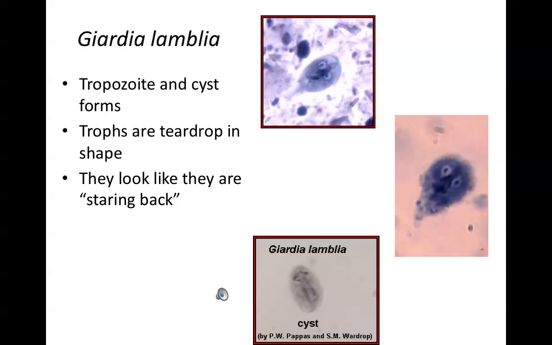So anytime there's an environmental challenge, it's not unusual for Giardia to change from the trophozoite form to the cyst form. And it's the cyst that we ingest, gets into our intestinal tract, and causes severe gastroenteritis, or enteritis alone, which would be intestinal upset. Lots of cramping, pain, and diarrhea.